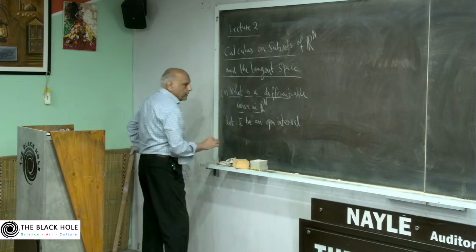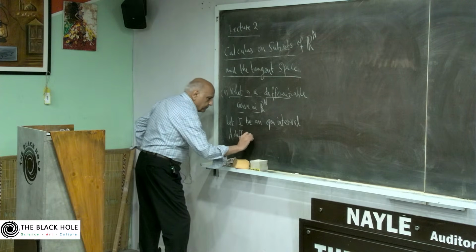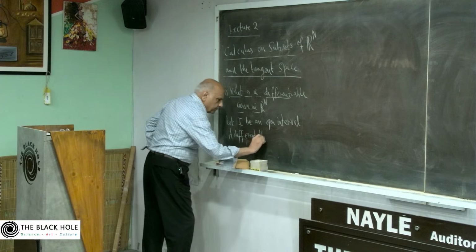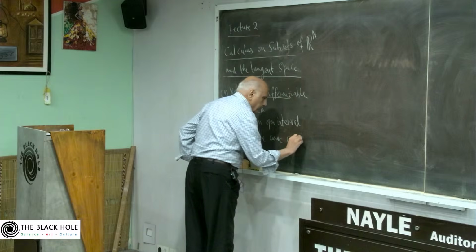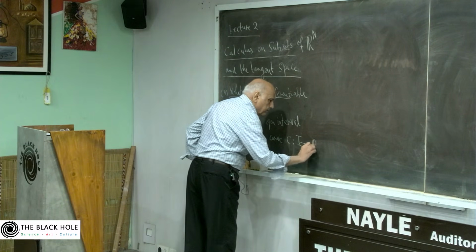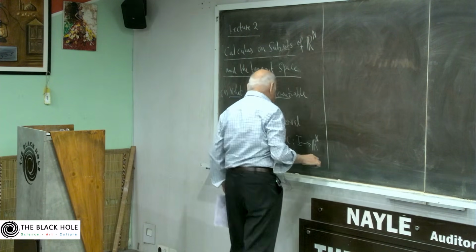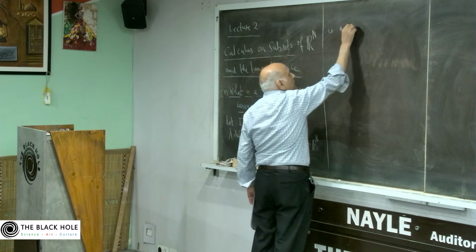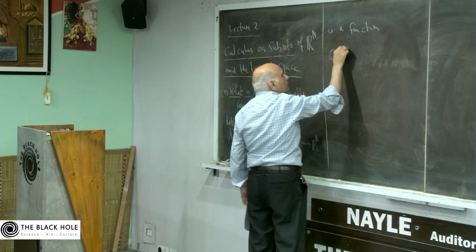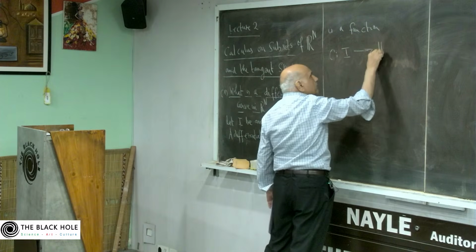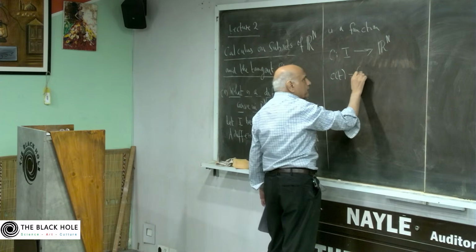A differentiable curve C from I to Rn is a function all of whose components are differentiable. So this is going to have n components.